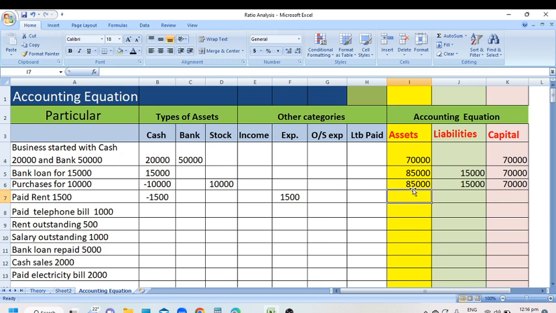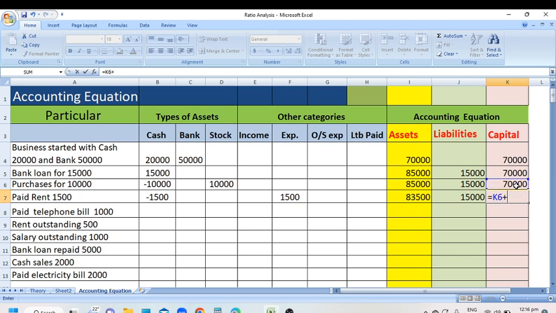Okay, so we can see here our asset is already affected by the 1500. When you deduct 1500 from 85,000, it will become 83,500. Liability should be the same, definitely, right? Here, as I told you, our capital is affected by the income, expenses and outstanding expenses as well.